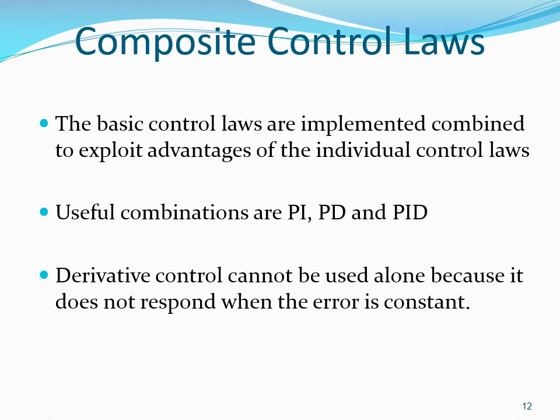It is important to note that in these composite controllers, proportional control is always a component. Also, derivative control cannot be used on its own because it does not respond when the error is constant.